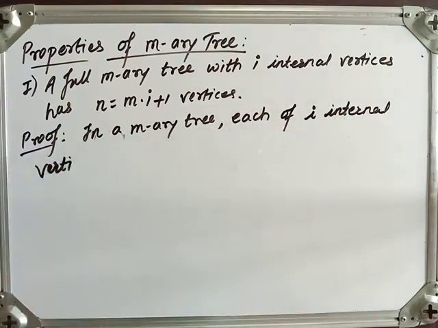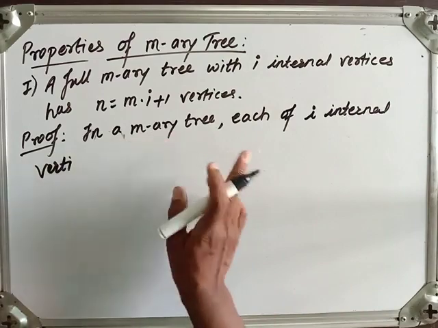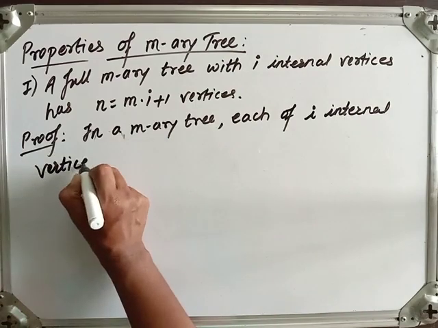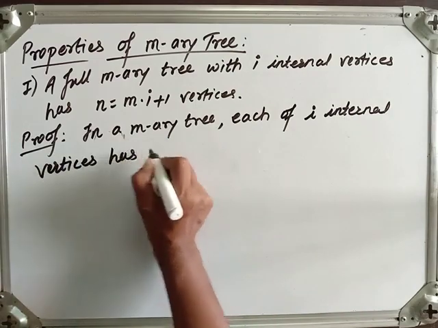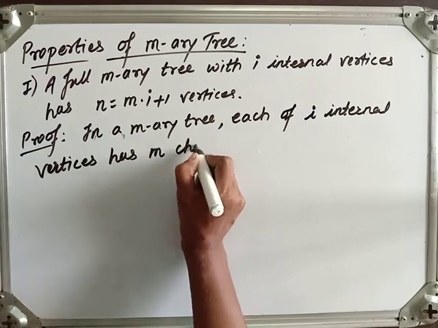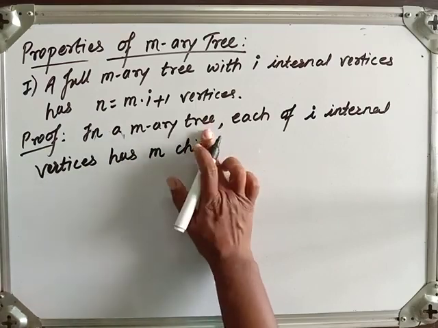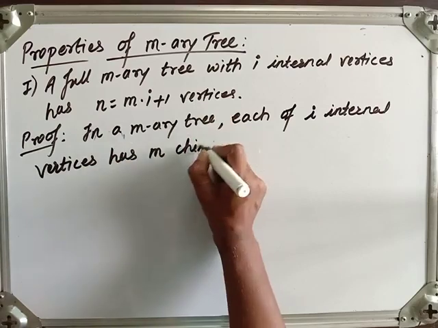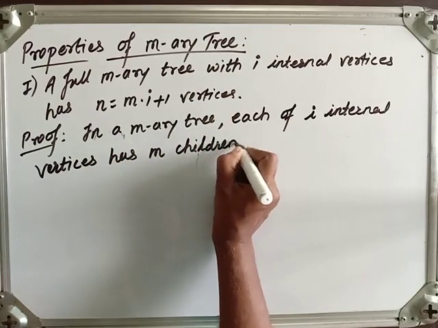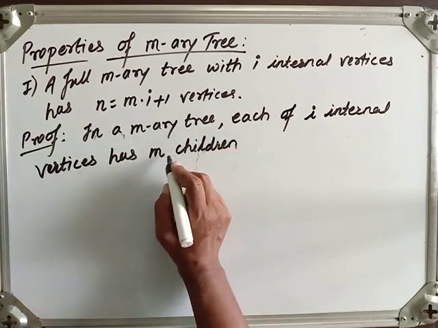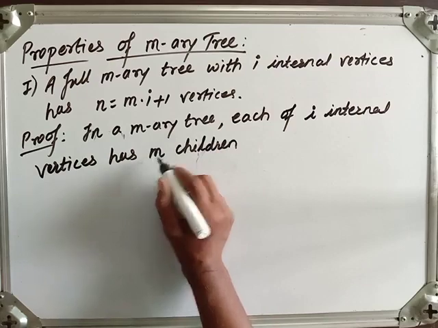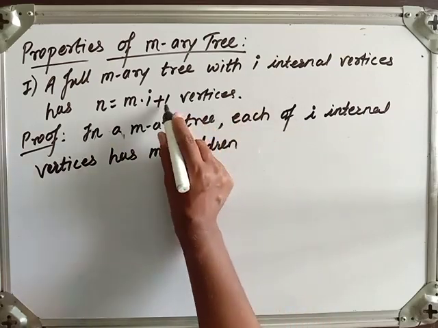Each parent, if it is an m-ary tree, has m children. So if each has m children, then the total number of vertices is what? m into I, plus 1.